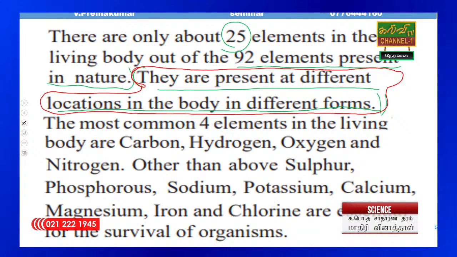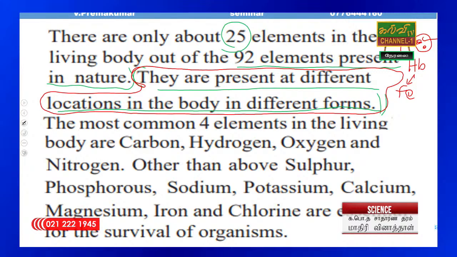For example, if you consider the RBC, that means red blood cells, they contain hemoglobin. That hemoglobin has iron. So here I can mention the iron is there in the red blood cells.